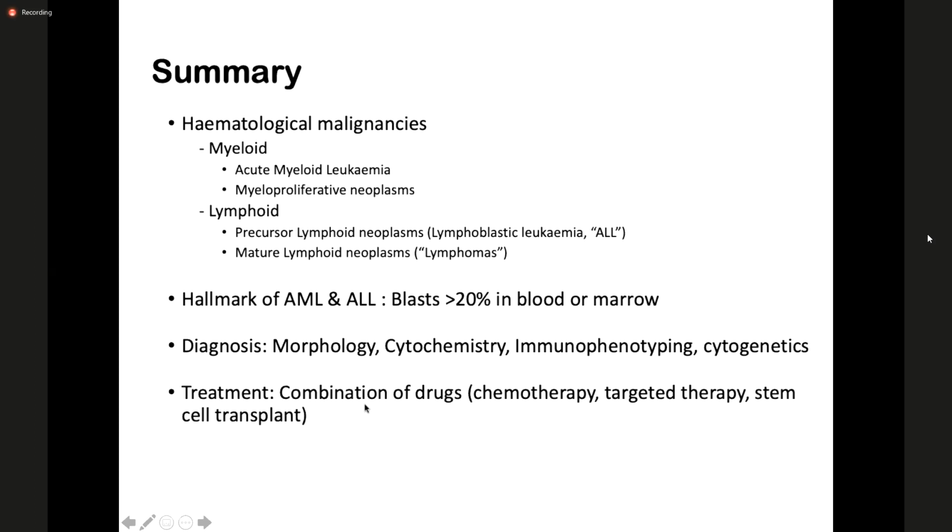Treatment: we have studied the combination of drugs, but at your level, you should be able to describe and elaborate a bit more on the supportive care. Because once you have graduated and got your MBBS degree, you will start your internship, where you will be the first medical person encountering the patient.